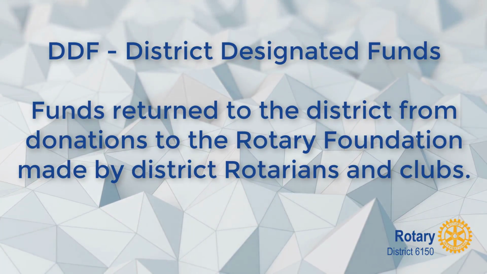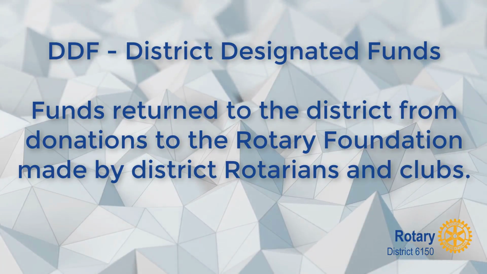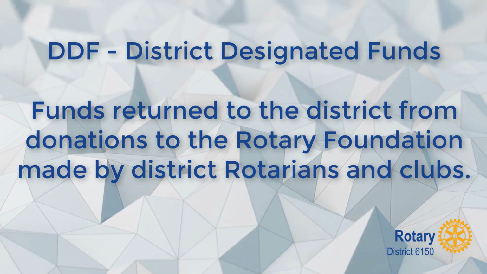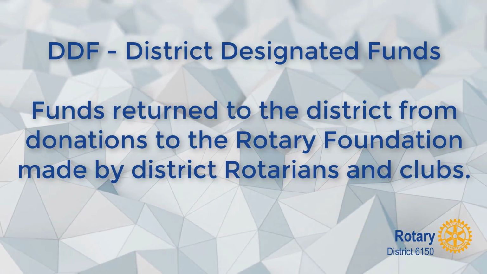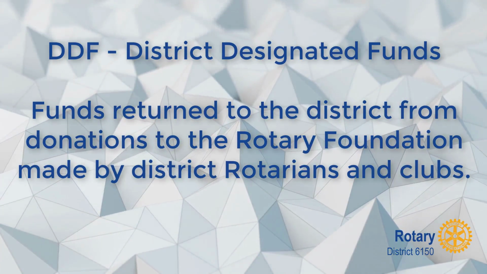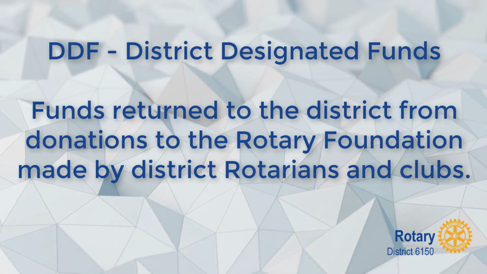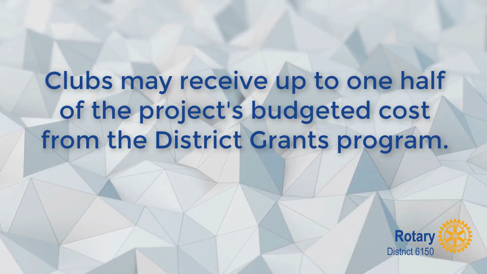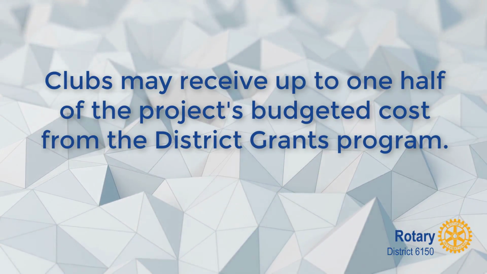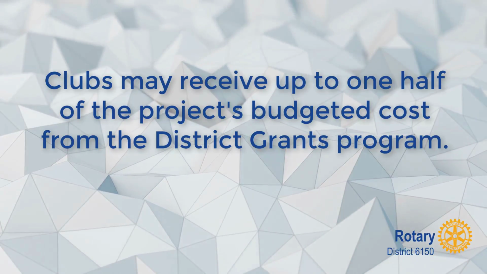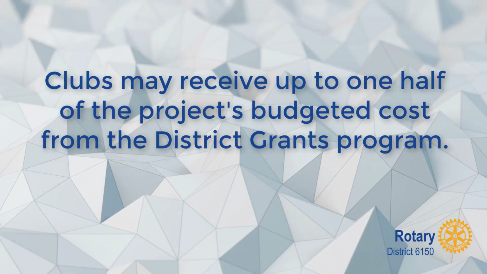We granted out $41,538, and that left right at $100 that wasn't distributed, and that will be used to pay some of the administrative costs that the district will incur granting out these funds. Clubs can apply for grants, and they'll get up to a half of their budgeted cost for that project.